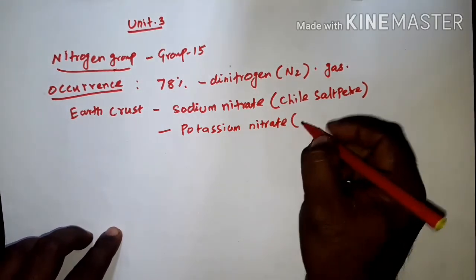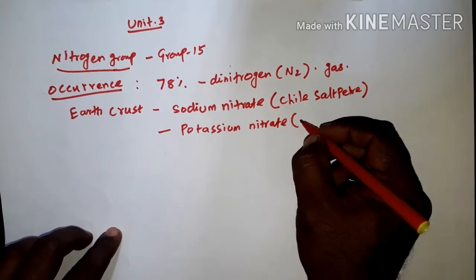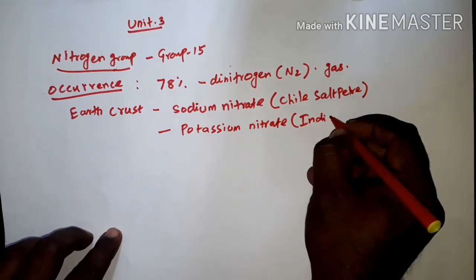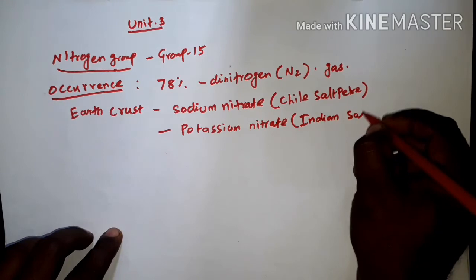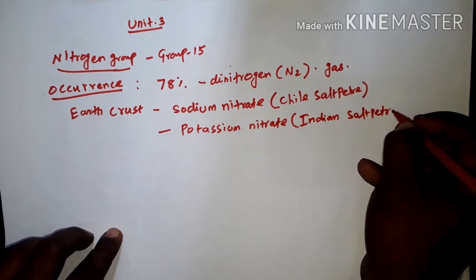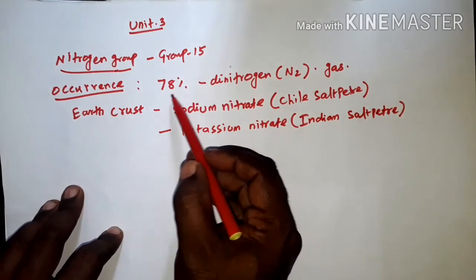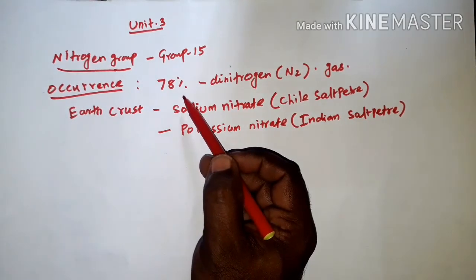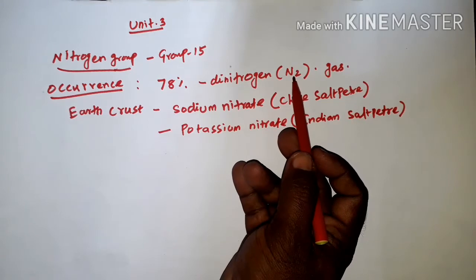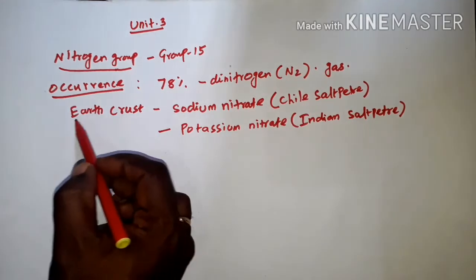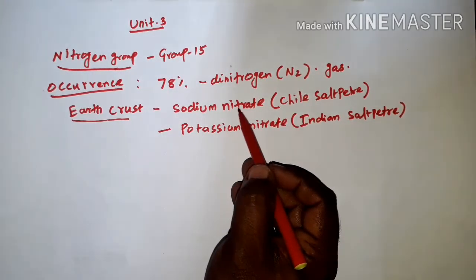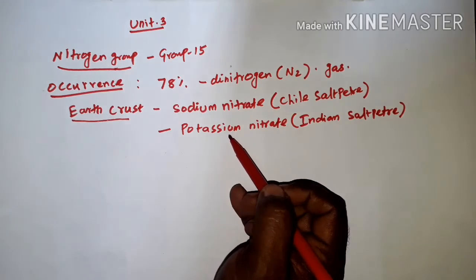This potassium nitrate is called Indian saltpetre. So, occurrence of nitrogen: 78% of earth's atmosphere contains dinitrogen, a gas. In the earth crust it is available as sodium nitrate and potassium nitrate.